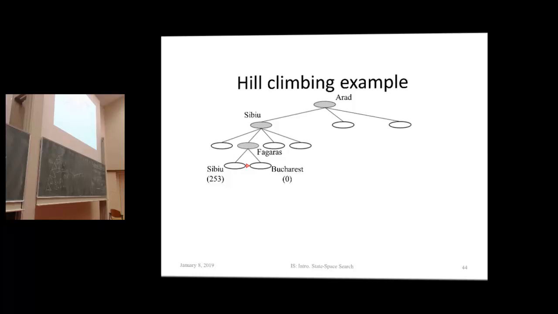And this is obviously very, very efficient, because you only look at the local successors at each of the stages. It's very space efficient, because you always have only one layer of nodes in your fringe.